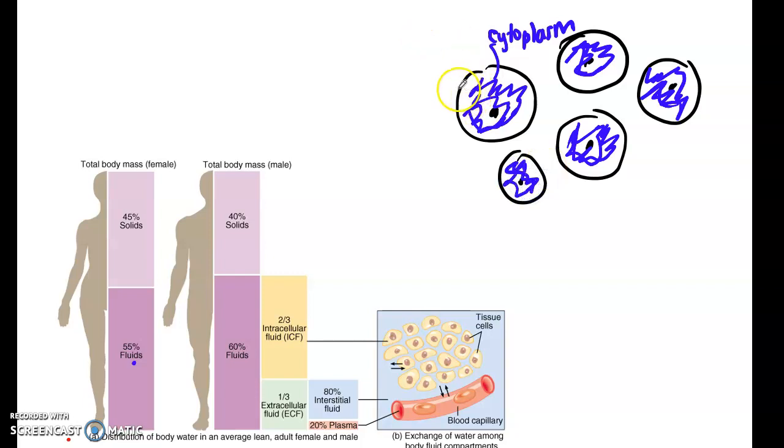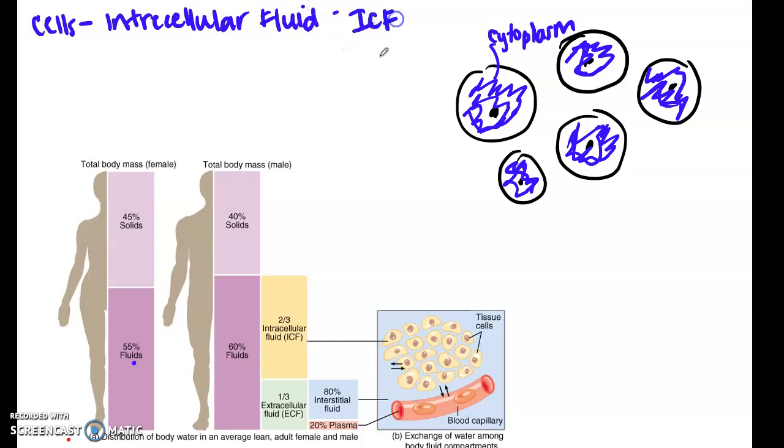And that fluid inside of cells makes up the intracellular fluid. So that compartment is called the ICF, intracellular fluid.